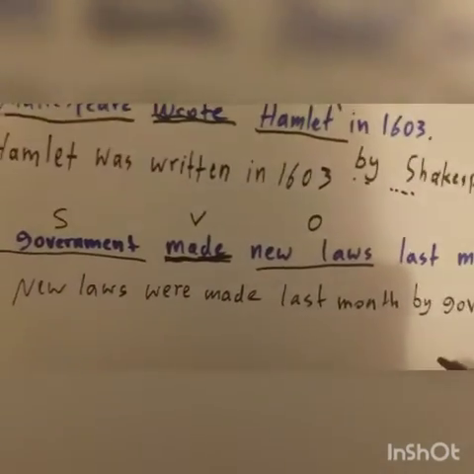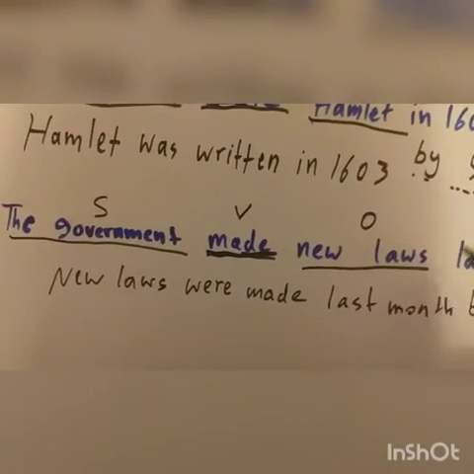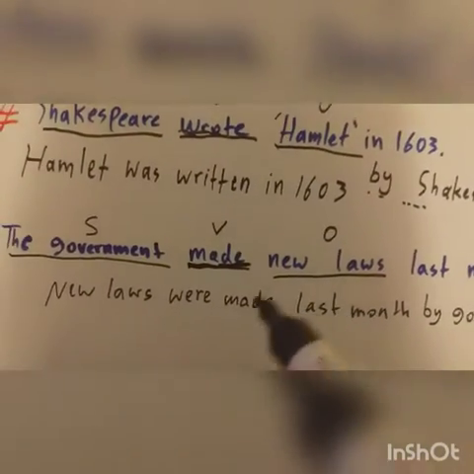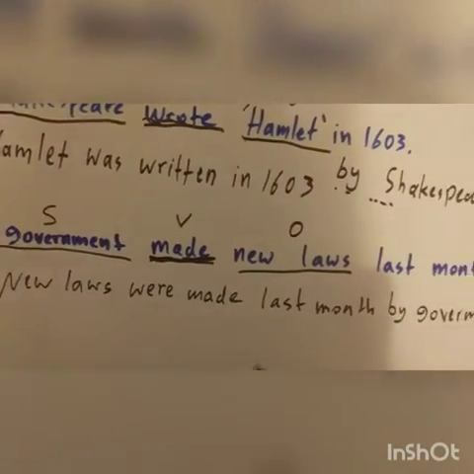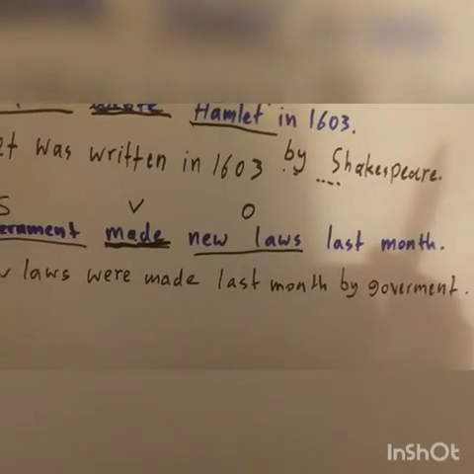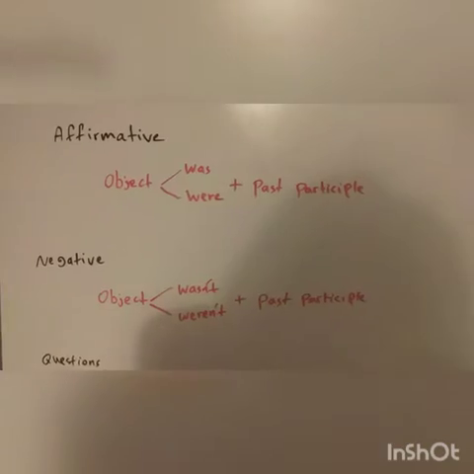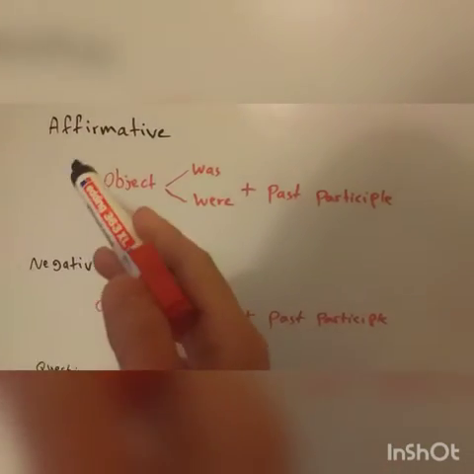If it's not important to mention who does the action, you can omit the agent. So new laws were made last month by government. And this is how we form the past simple passive.